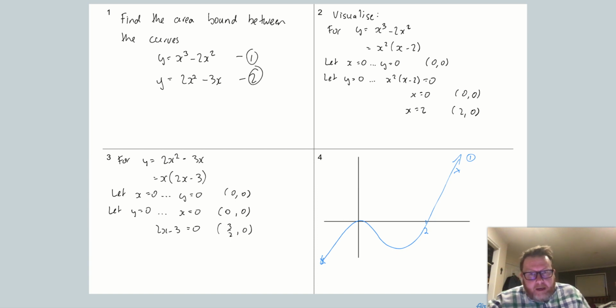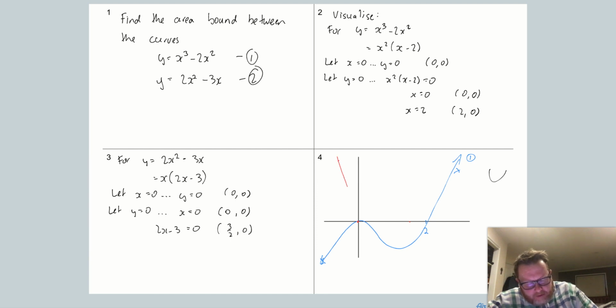So we've got a quadratic. It's going to be a smiley face quadratic because a is positive, so it's going to be like this. And we have an x-intercept and y-intercept at 0, and then we have another one at 1.5, so that's going to be roughly there.